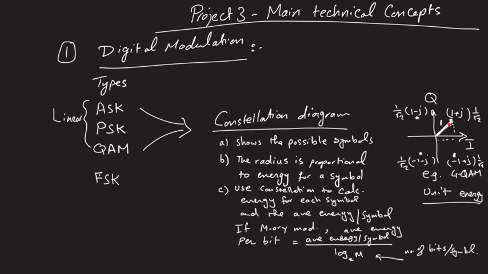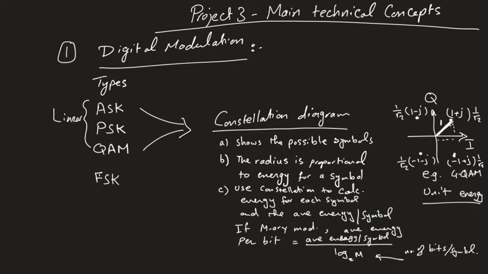So for example, here the energy for this symbol is 1. All of these will have an energy equal to 1, which is the square of this length, right? If I had some point here, for example, I would draw the length to that point and then get the square of that length from the geometry of the constellation diagram, right? And then I calculate this for all the symbols, add them together, divide by the number of symbols. This is going to give you the average energy per symbol. And from that, you can calculate the average energy per bit if you want, right?